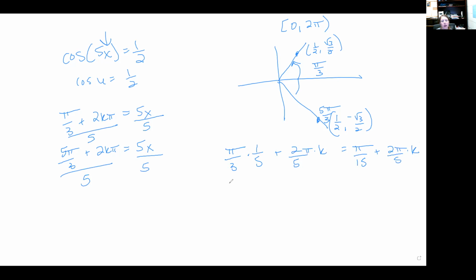And then the same thing here: 5 pi over 3 times 1/5 plus 2 over 5 pi times k equals 5 pi over 15, which reduces to pi over 3 plus 2 pi over 5 times k.